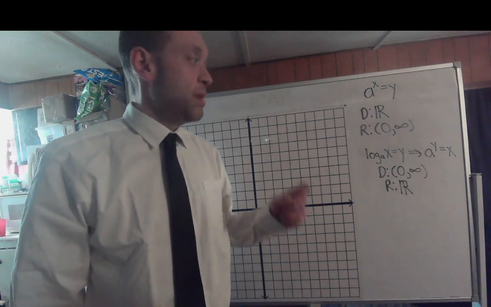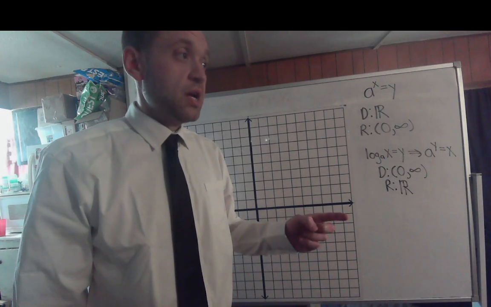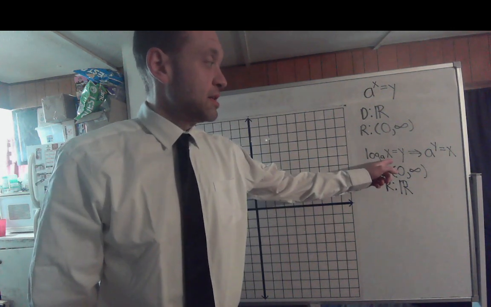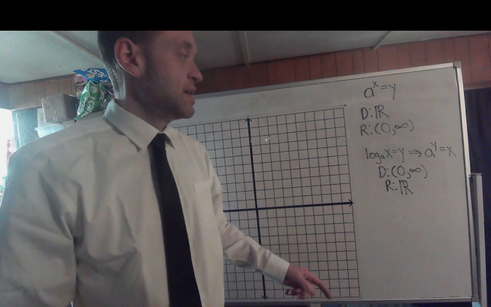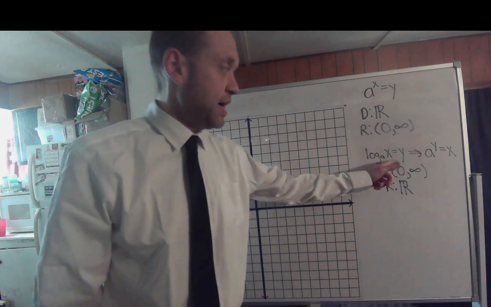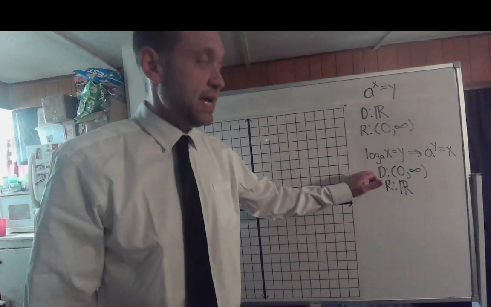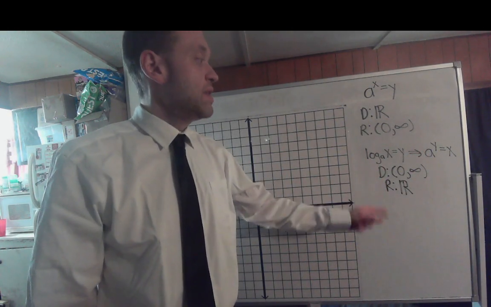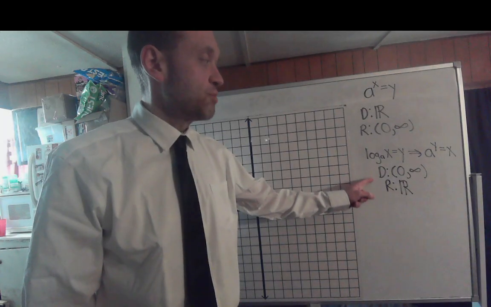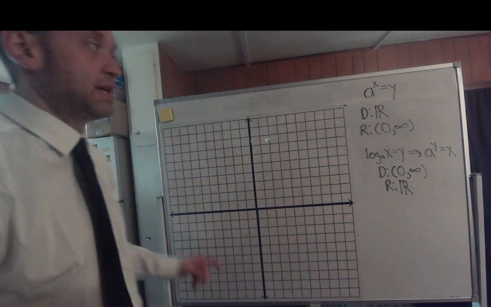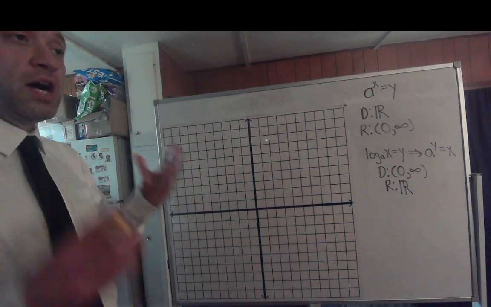My y is my range, and my x is my domain. I will never get a negative or 0 value for x. That's how the domain and the range switch places in the logarithmic function, because it's the inverse of the exponential function. Before we graph, let's convert some logarithmic functions into exponential functions.